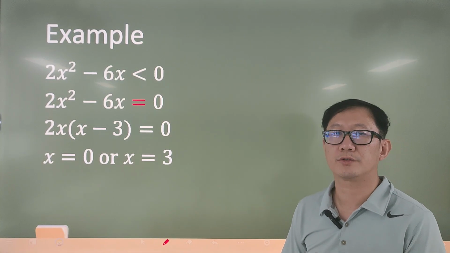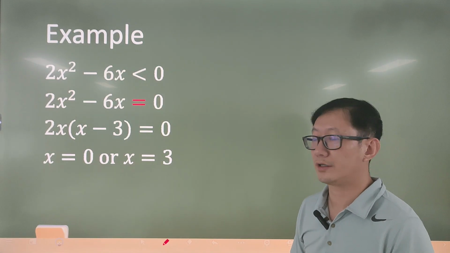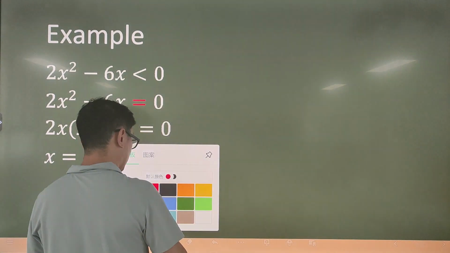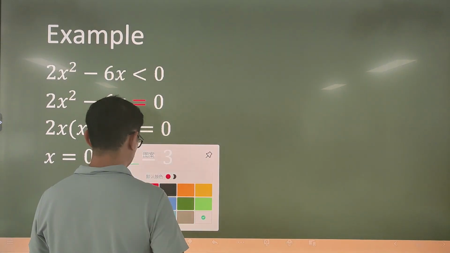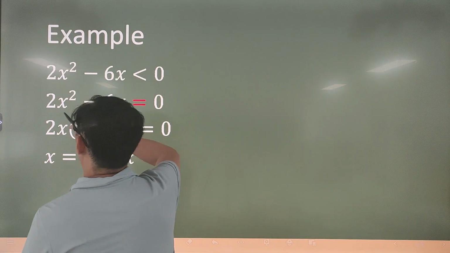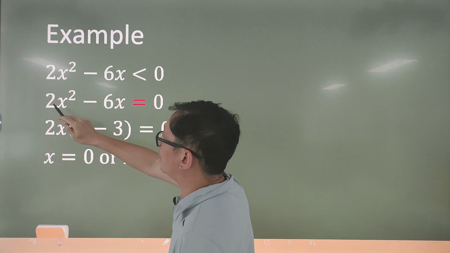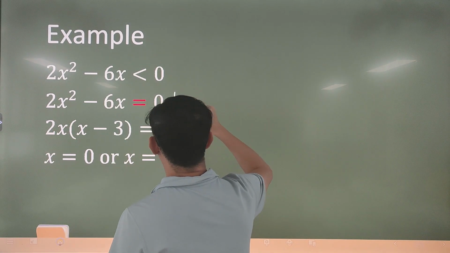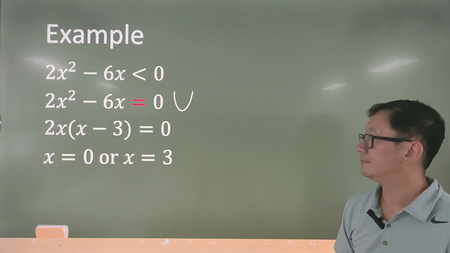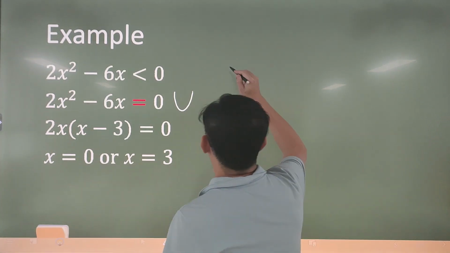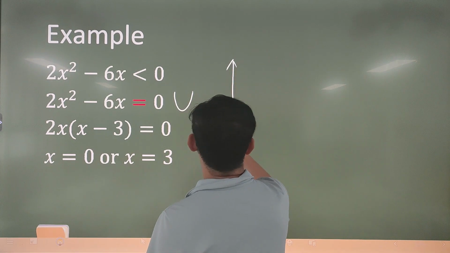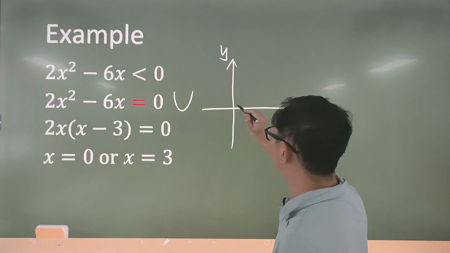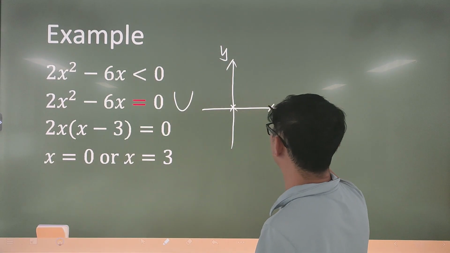Again, we want to do a quick sketch to properly examine it. All right, so let's go ahead and do that. You see, the equation has the coefficient being positive, so that means the shape is this. Let's draw a sketch: 0 and 3.